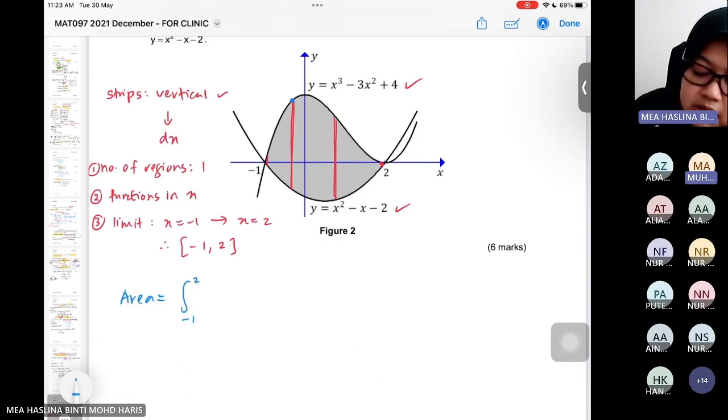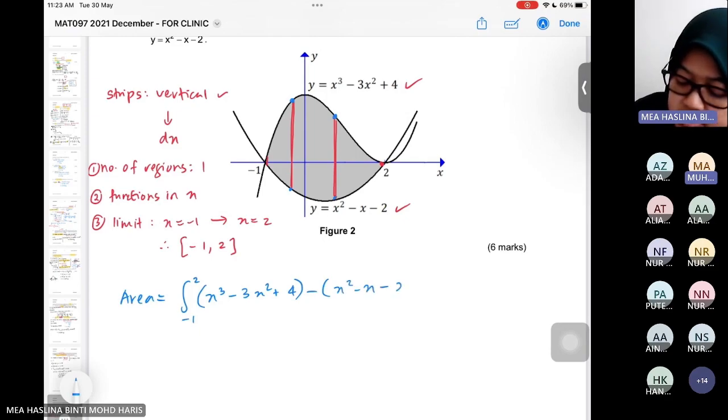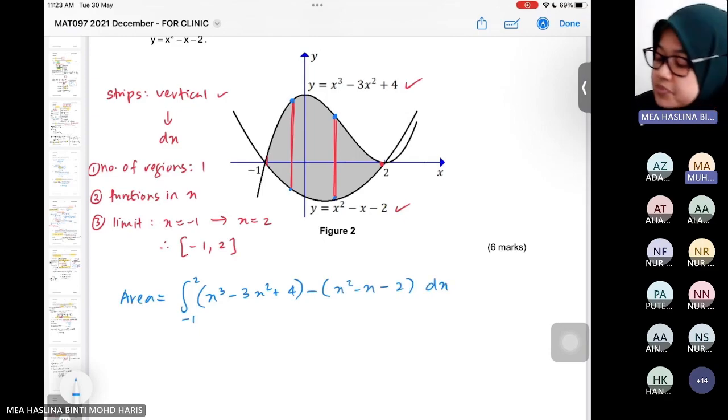Okay, upper minus lower. So upper points belong to the cubic curve, x cubed minus 3x squared plus 4, minus x squared minus x, the lower function, dx. Okay, so you will need to integrate this.